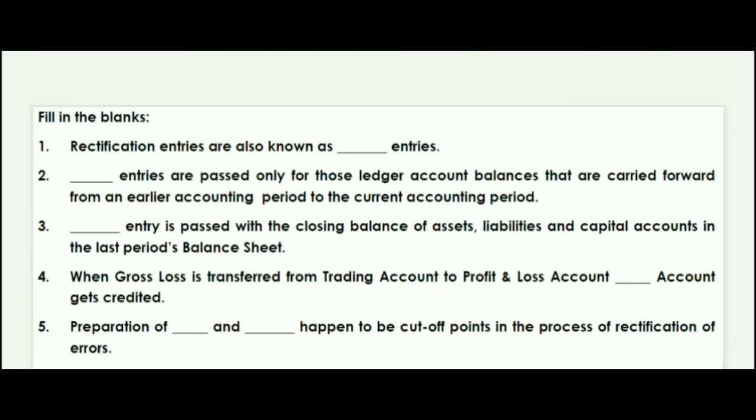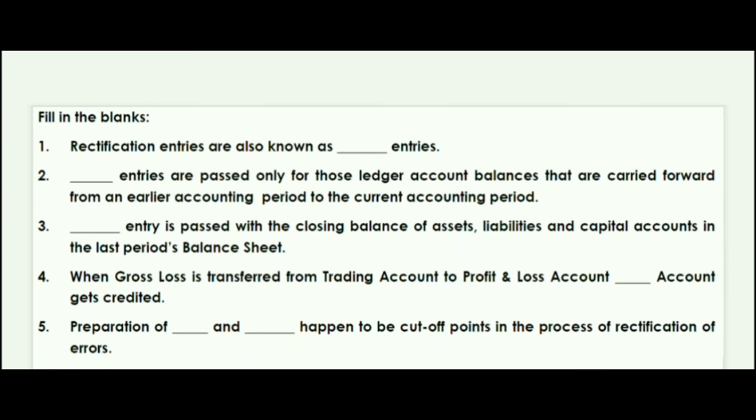Okay, let's see the third. What entry is passed with the closing balances of assets, liabilities and capital accounts in the last period's balance sheet? So the answer will be opening entries.